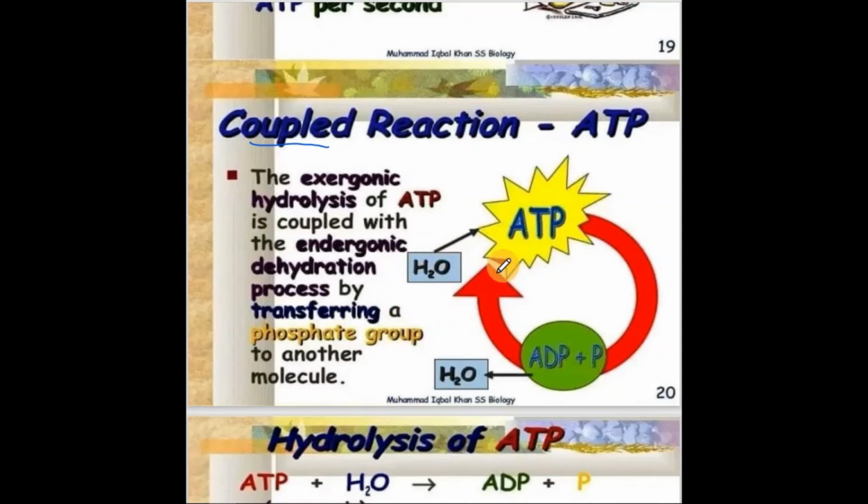As we just discussed, if I have ATP and I want to get energy, I will break down the ATP into ADP and phosphate. And if I have the ADP and I want to form back the ATP, I have to again invest some energy to produce ATP from ADP and phosphate. These two reactions are coupled because you need ATP hydrolysis to fuel the dehydration of ADP and phosphate to form back the ATP.